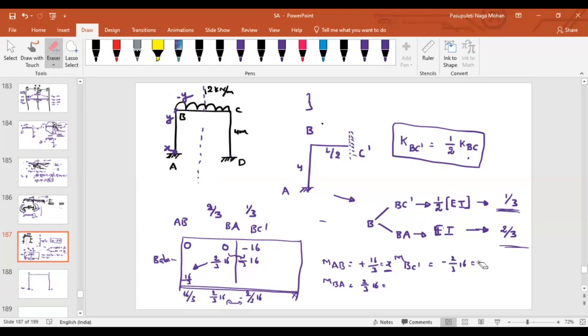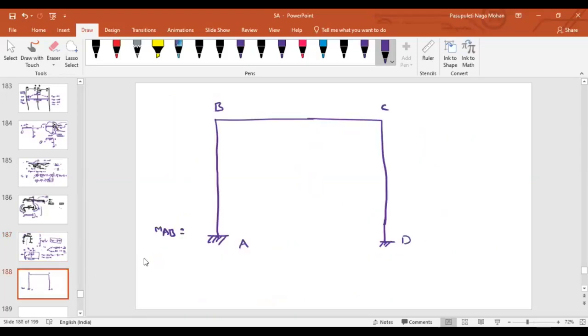Let us say it is 2x, it will be minus 2x. Or else leave it, plus 16 by 3. And what about here? The moment at B towards A will be 2/3 of 16. What about the moment at B towards C? Minus 2/3 of 16.